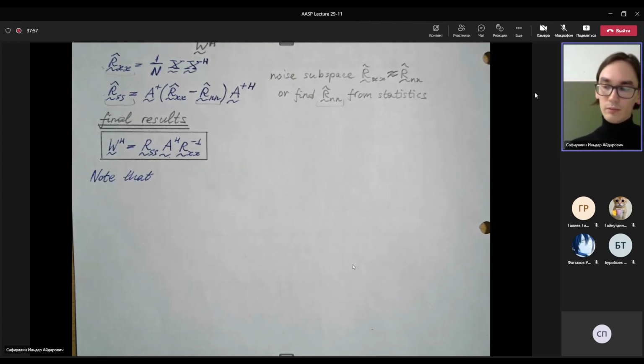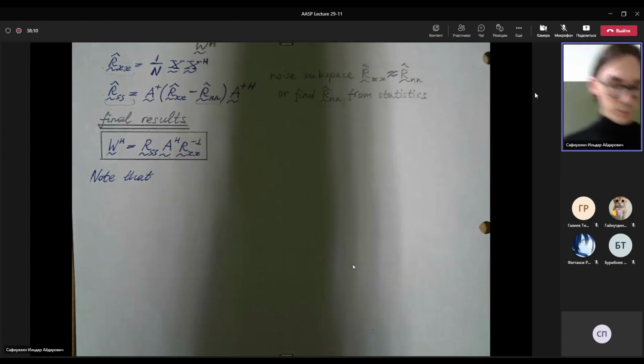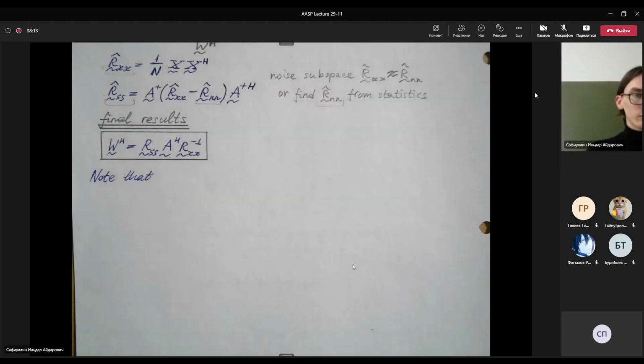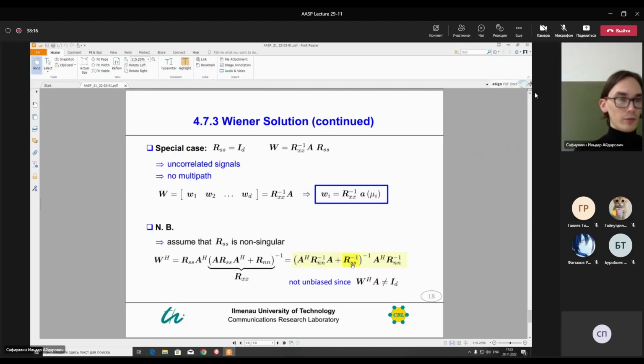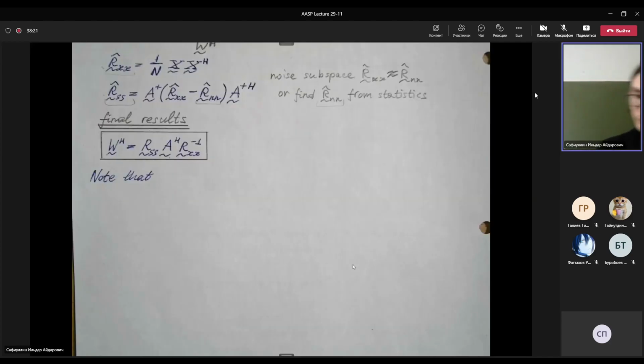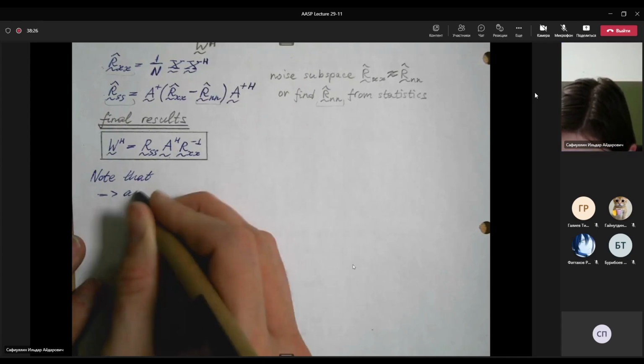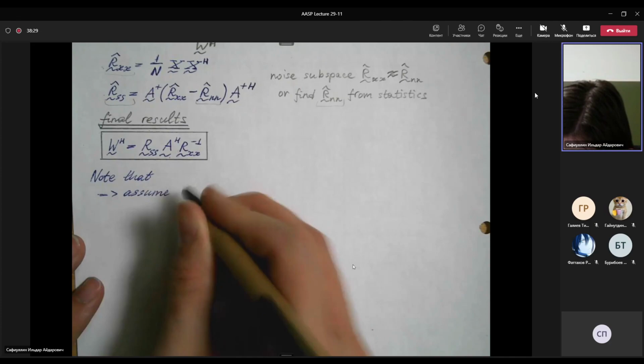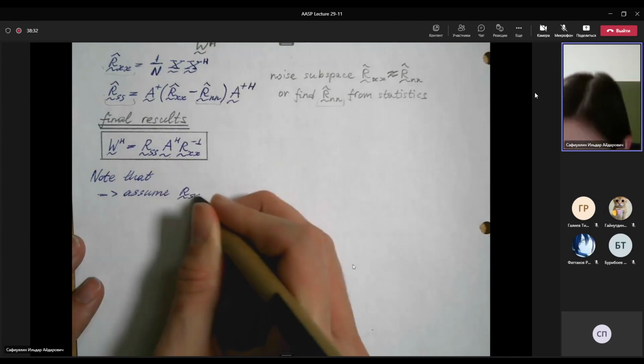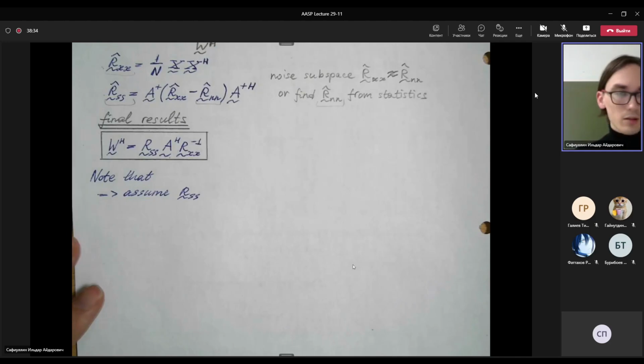I think this has some ideas inside of it. So what we need to note here. First we need to assume that RSS is non-singular. Assume RSS is non-singular.